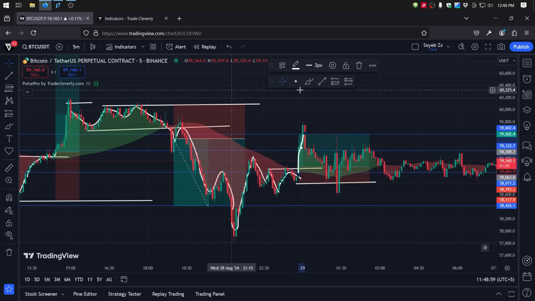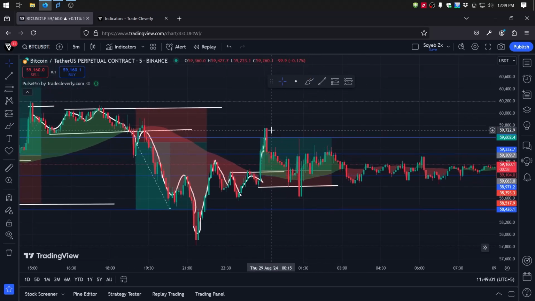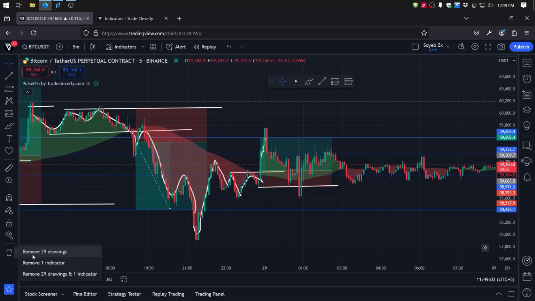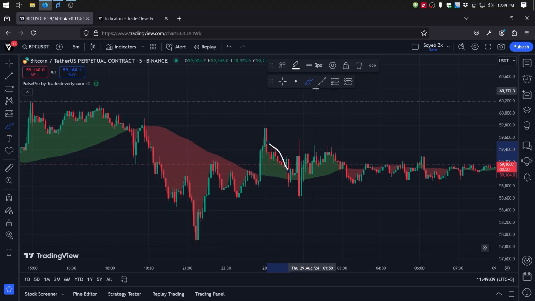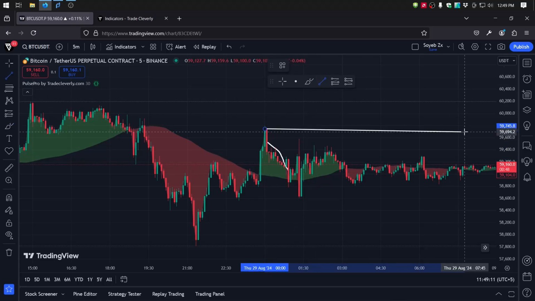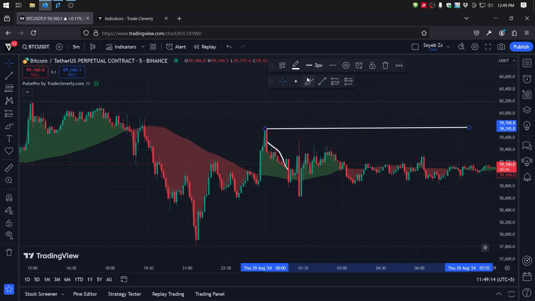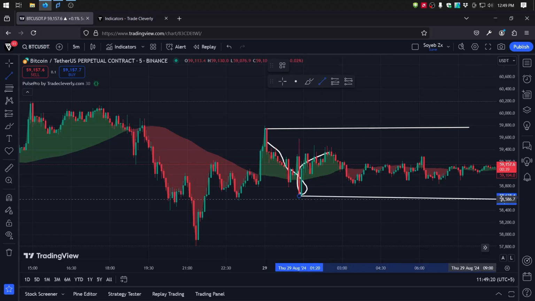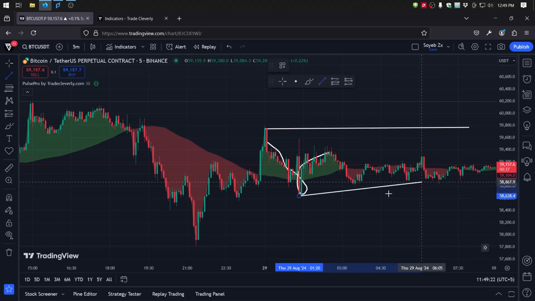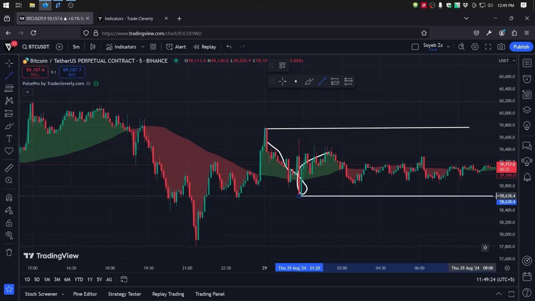So in here there is a lot of drawing, I think you are confused, so I simply remove all that drawing, and from here you can see the price go down, and it's our recent swing high. Alright, and it goes down, goes up, and it's our recent swing low, and let's see what happens.